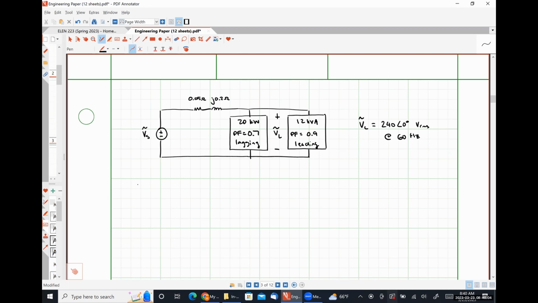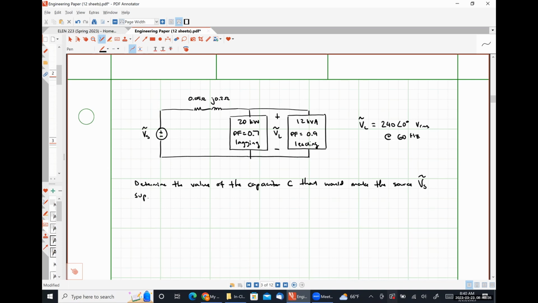And we want to determine the value of the capacitor C that would make the source VS supply power at a power factor of 0.95 lagging.